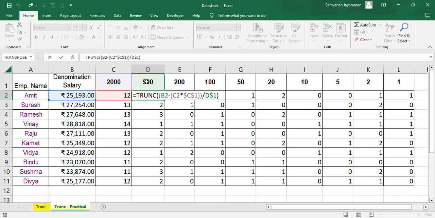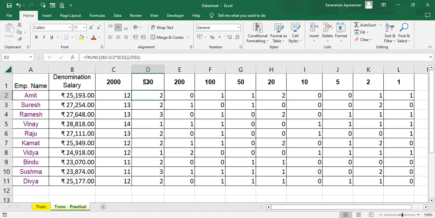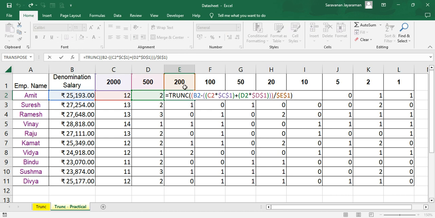So we have 1,193. So we can give 2 notes of 500, that will become 1,000 rupees. The formula goes on with 200. It multiplies 2000 into 12 and 500 into 2, adds both, and subtracts from the total.